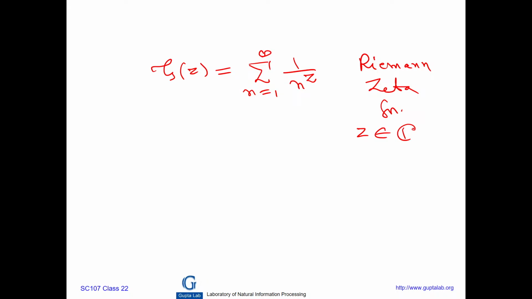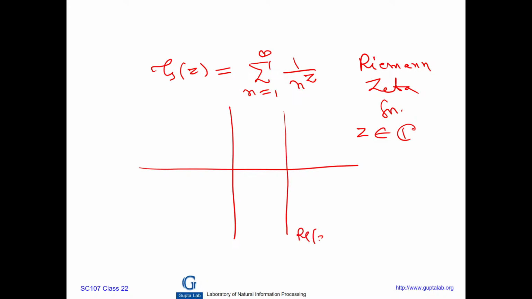Okay. So then he observed, I mean, if you look at this line, real part of z is equal to half in the complex plane. Real part of z is equal to half means x is equal to half, right?